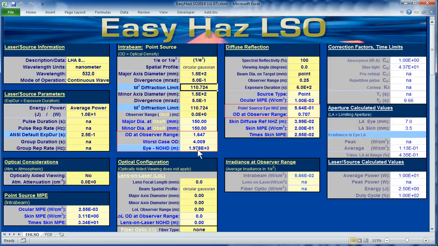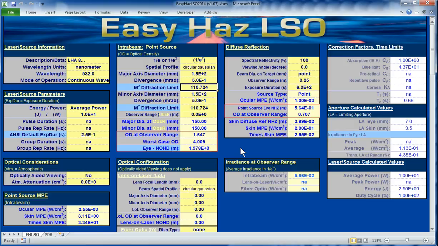We'll notice you get a slight difference. So you can see that changing the diameter of the beam doesn't have much of an effect on the NOHD when compared to the divergence. It's the divergence that really affects the NOHD here. All right. I think everything else is pretty explanatory.